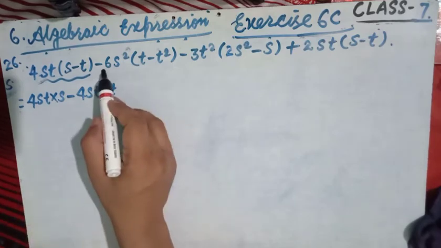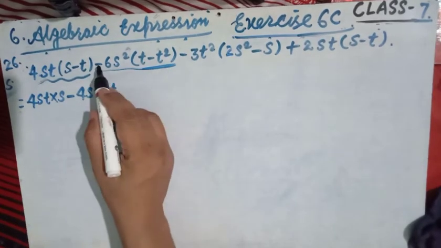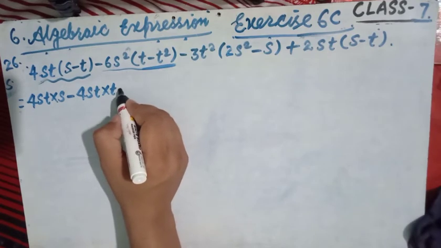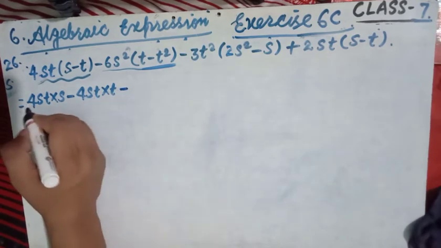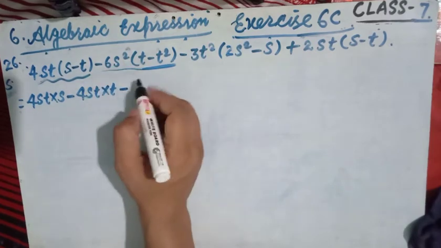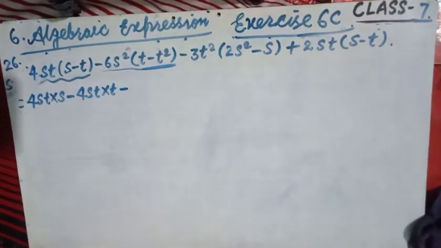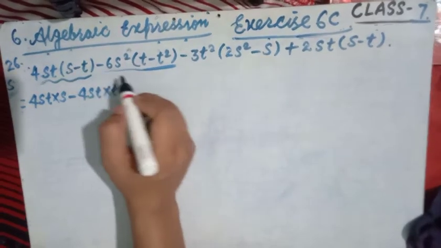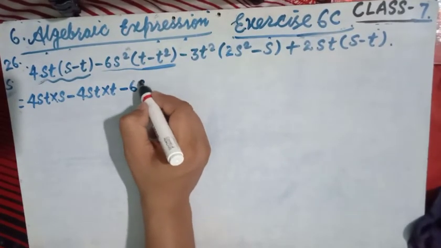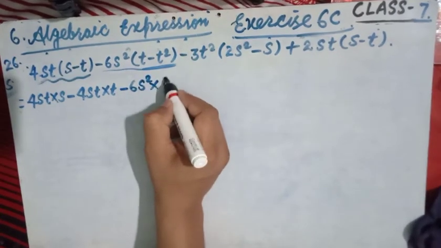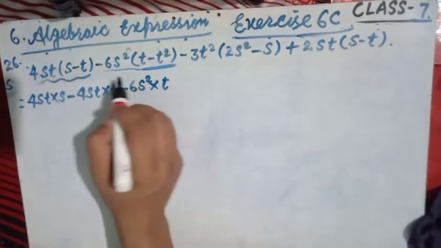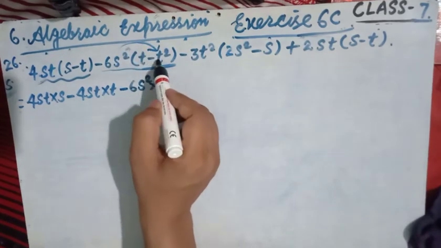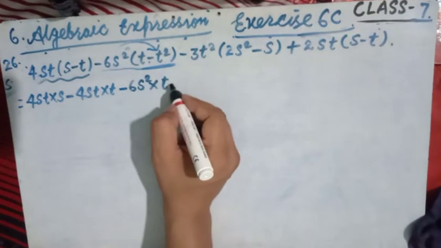Now see the next, here this is the minus sign, we can write it into the bracket, it does not matter. Now multiply 6 by s², here is the minus, this is minus 6s²t. Now this minus 6s² is multiplied with this minus t², so minus into minus is plus.